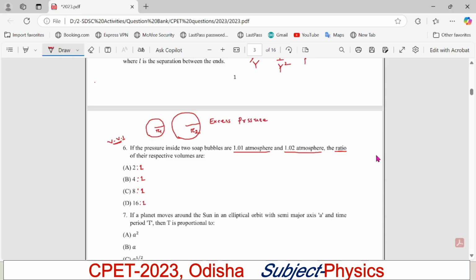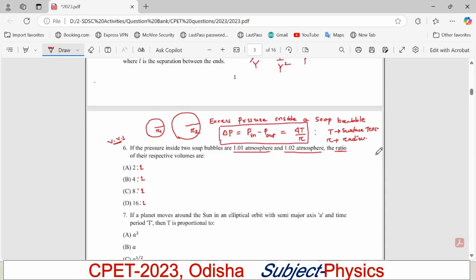It is represented as delta P is equal to P inside minus P outside, which is equal to 4T by R. Here T is the surface tension and R is the radius. This expression you just remember.